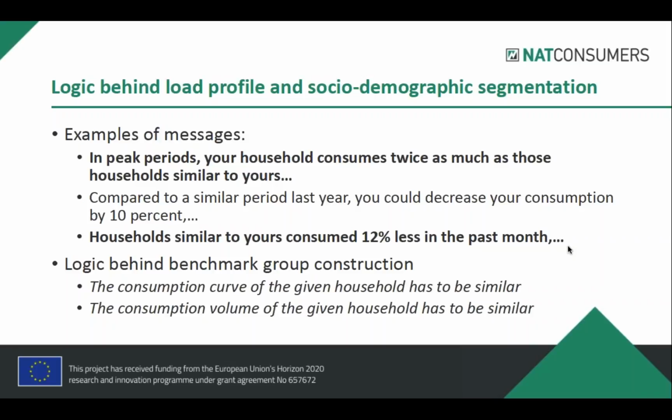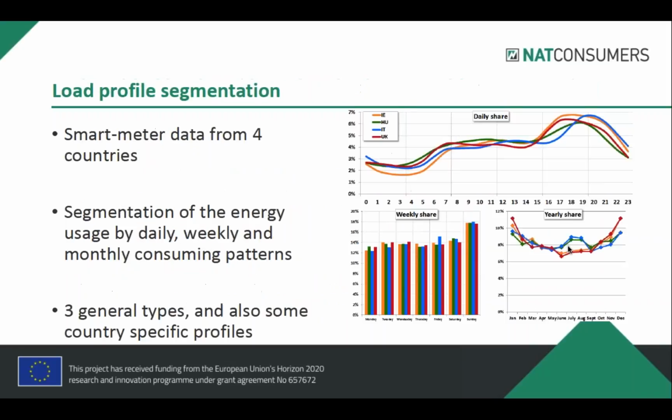So here we need some kind of reference group, and when we try to make this reference group, or what we call the benchmark group in the Natconsumer project, we use two kinds of logic. The first is that the consumption curve of the given households or pattern has to be similar. The second is that the consumption volume of the given households has to be similar. Yes, so the pattern and also the volume. And load profile segmentation is about the first.